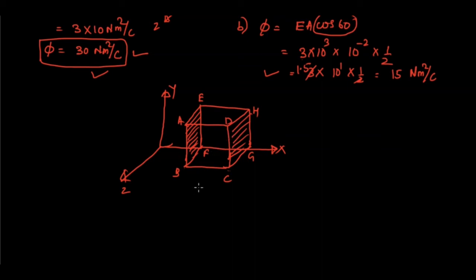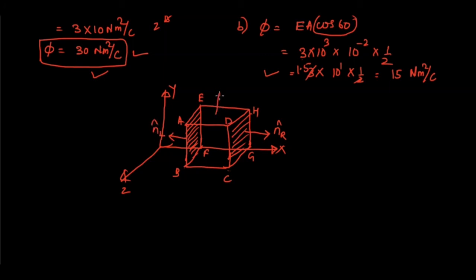Okay, we have to find what is the net flux through this cube. So first assign the direction to the area vector. For the right surface, the area vector will be along n_R cap. For the left surface, along n_L cap.